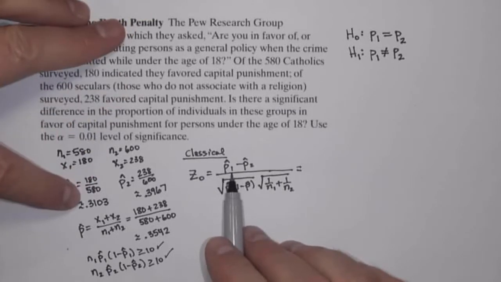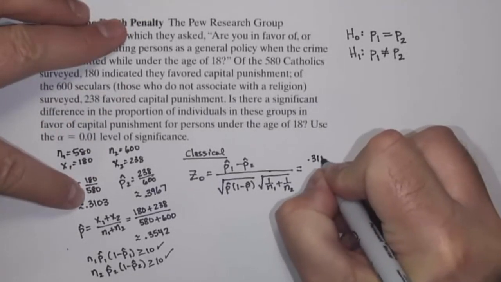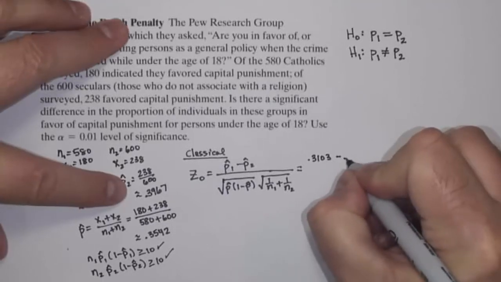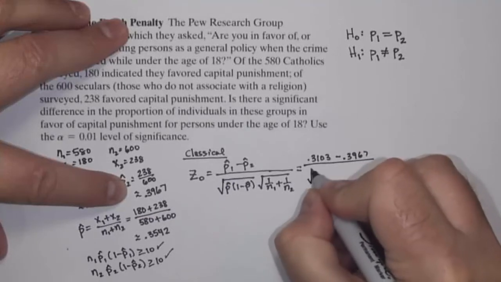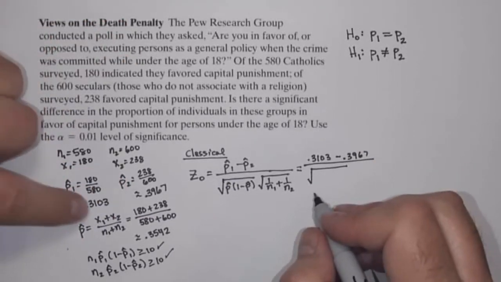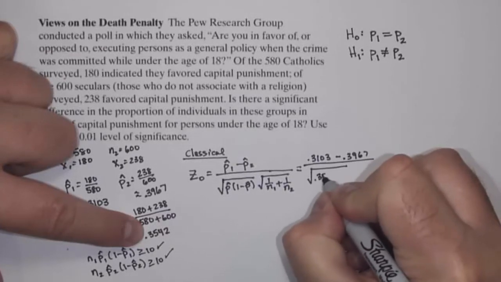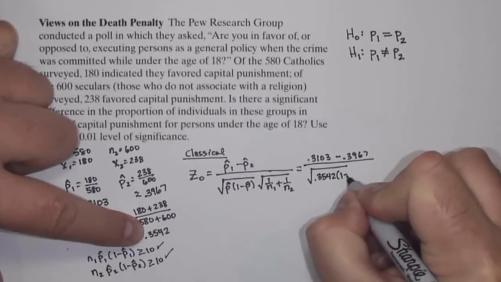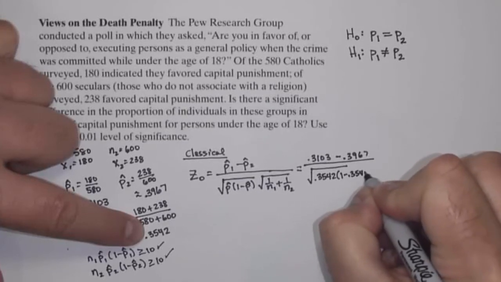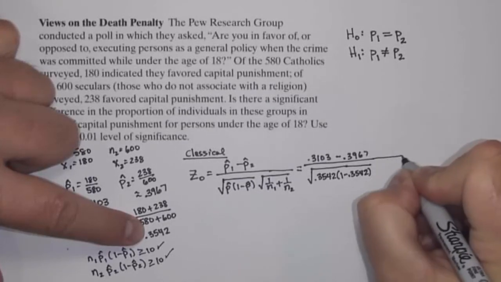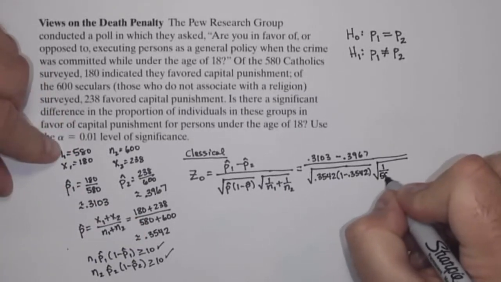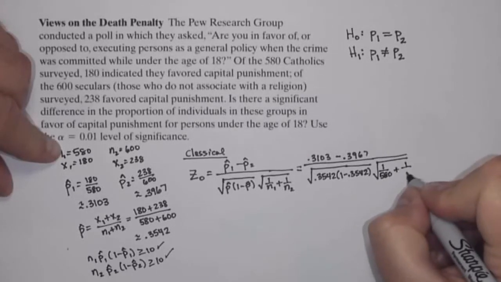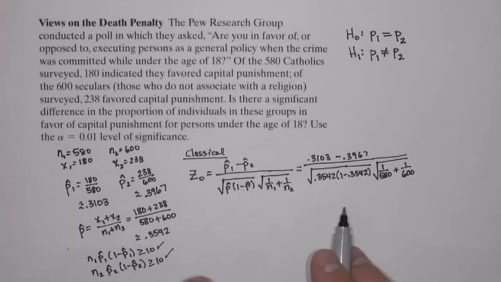P hat 1, that is 0.3103, minus P hat 2, 0.3967, over the square root of P hat, which is 0.3542, times 1 minus 0.3542, and then that is times the square root of 1 over N1, which is 580, plus 1 over N2, which is 600. So this will give me the test statistic.